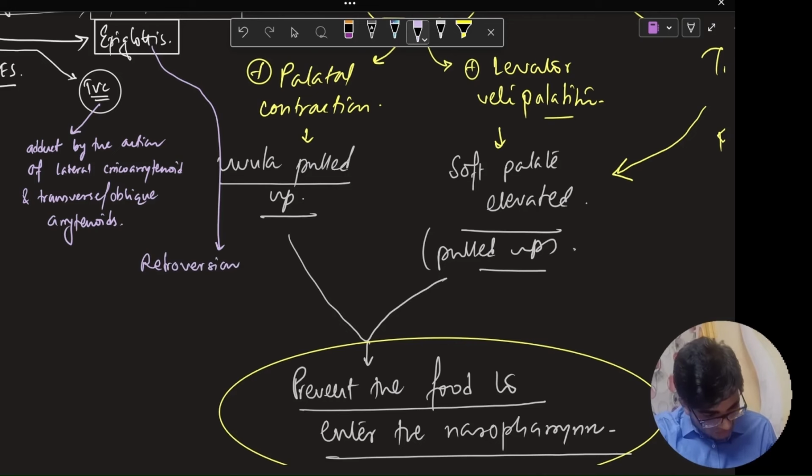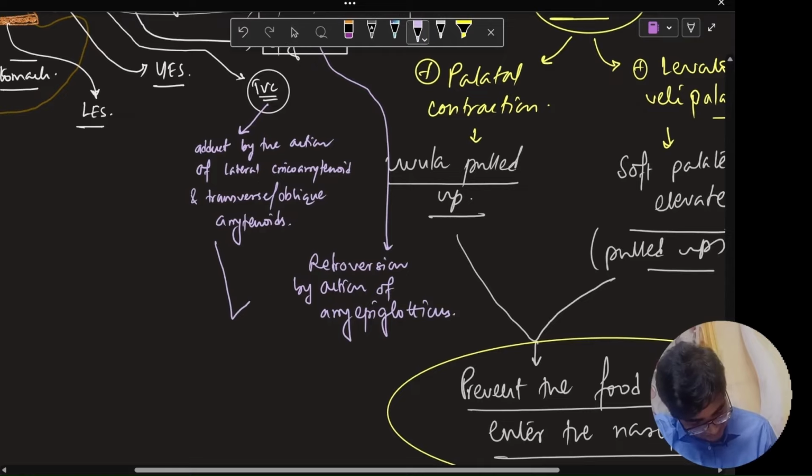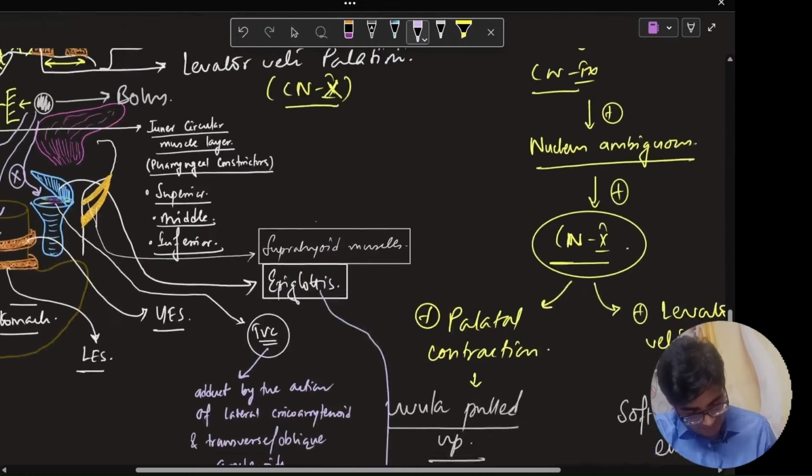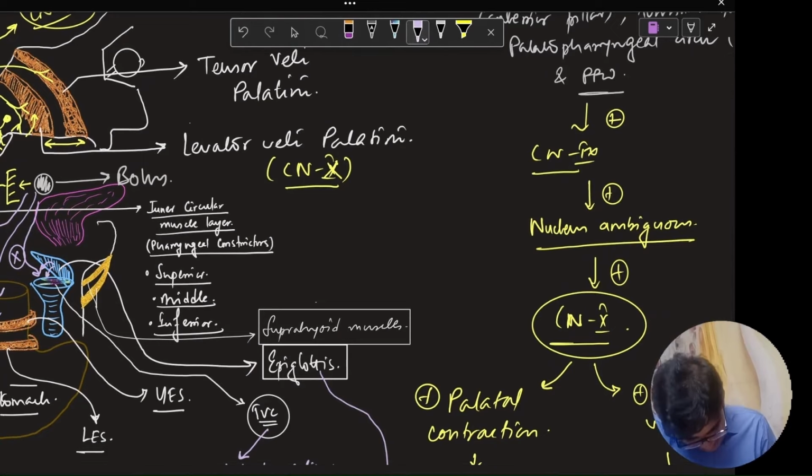So retroversion occurs by the action of the aryepiglotticus, and thus the epiglottis is getting retroverted, closing the inlet, as well as the vocal cords getting adducted, to prevent aspiration.